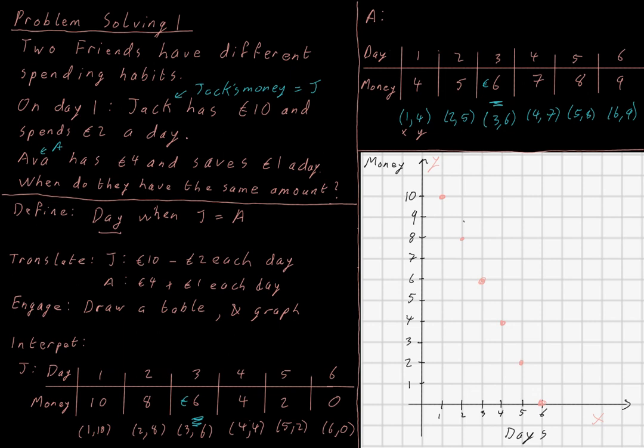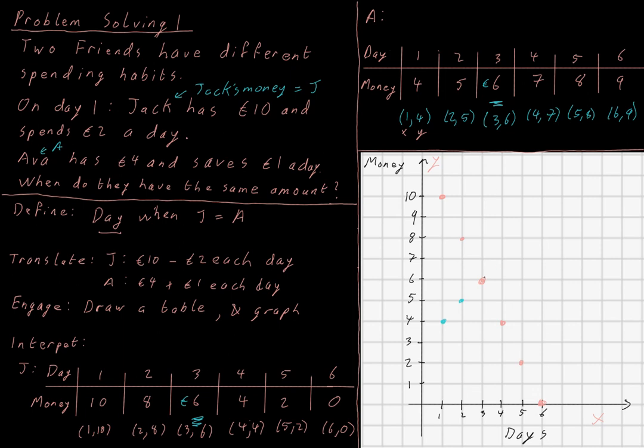Then for Ava, let's change color. Ava on day 1 has only €4. But Ava is very sensible and she's saving money, and each day she goes up by €1. So we can actually figure it out from the graph. If we increase the day by 1, she's saved an extra euro, and that works out. That's our point. So we have day 2, €5. In the door 2, up the stairs 5.